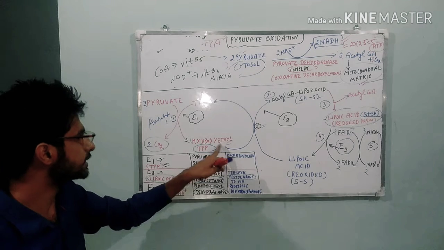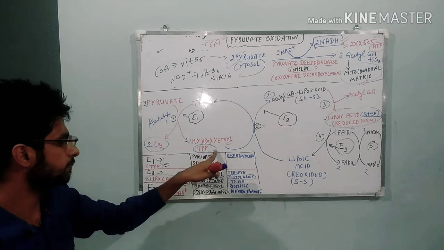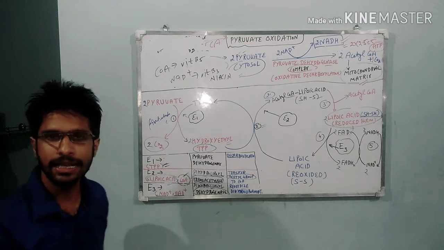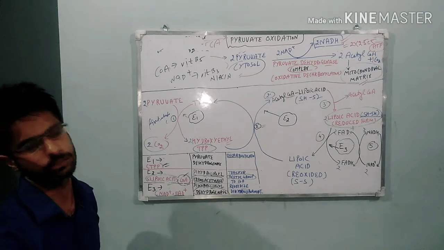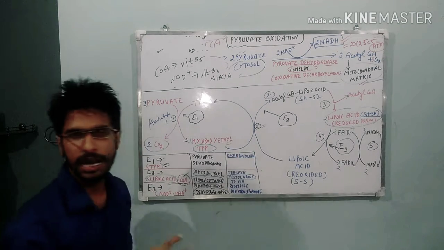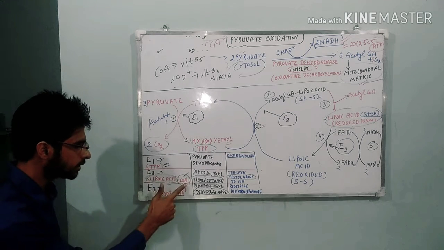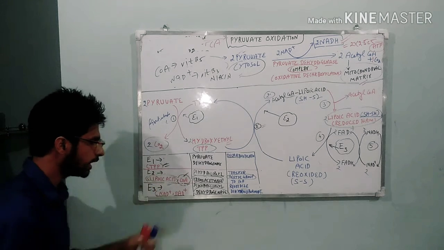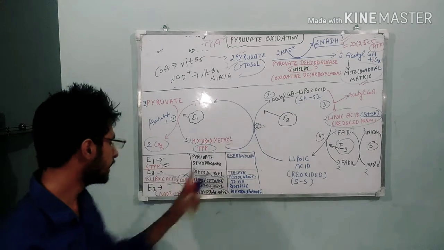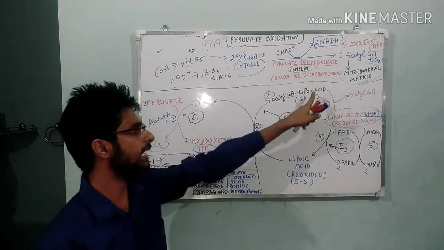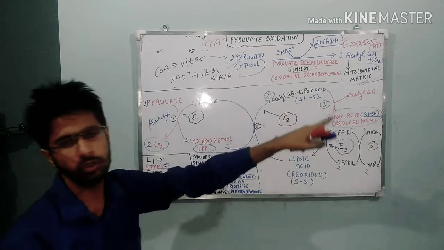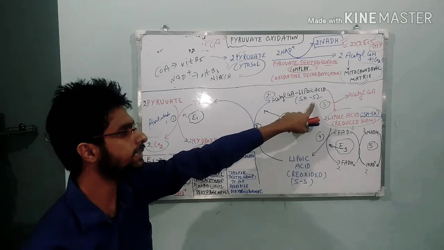Now, from this 2-hydroxyethyl thiamine pyrophosphate, the acetyl group is going to transfer. That is the second step, and it's transferred to coenzyme A of the enzyme E2, and lipoic acid is going to attach. It is in a semi-reduced form, SH and S.